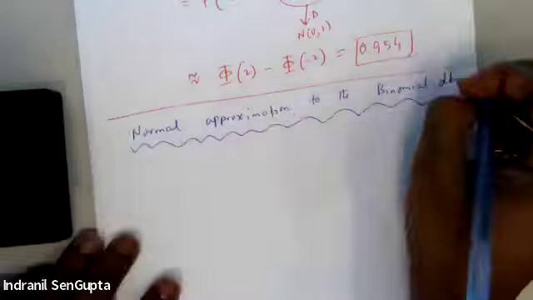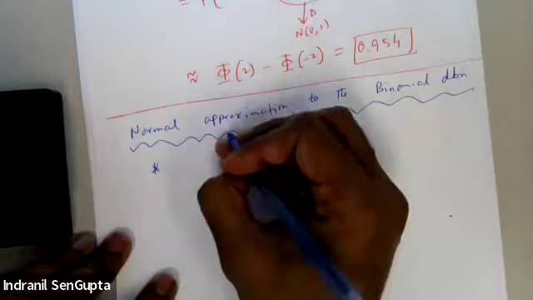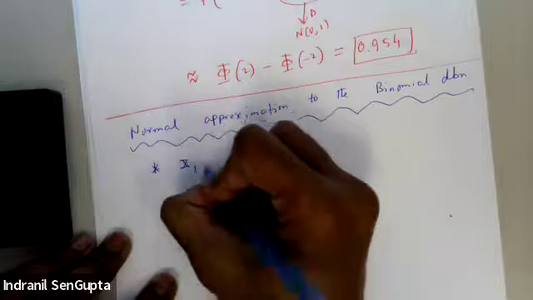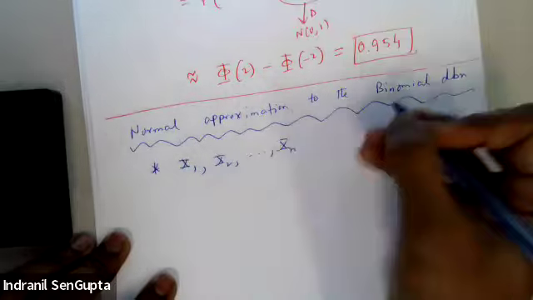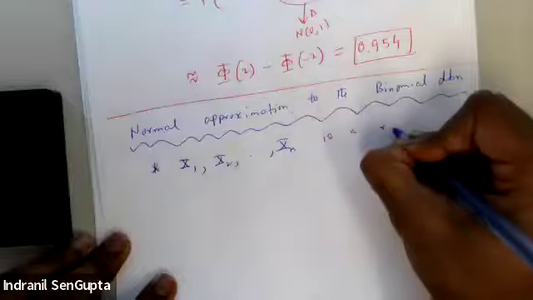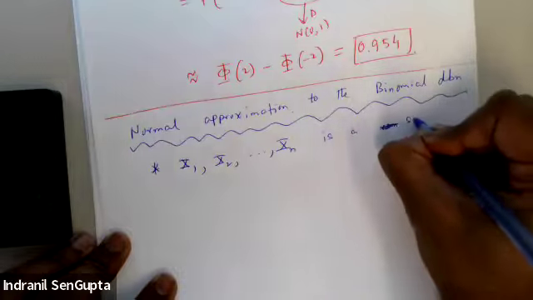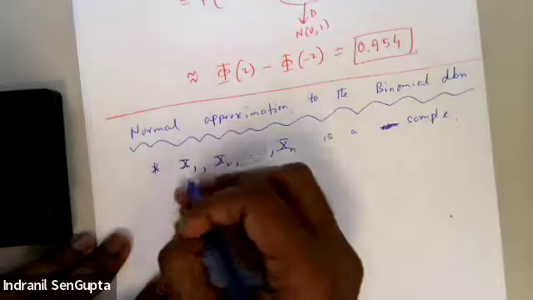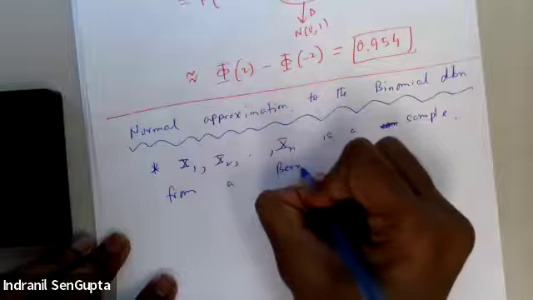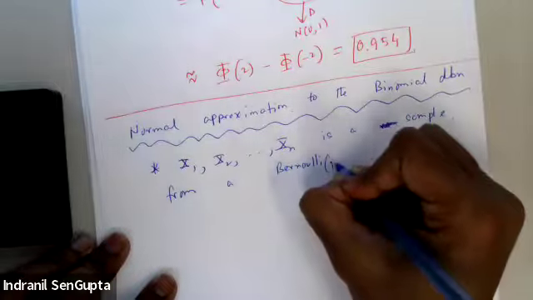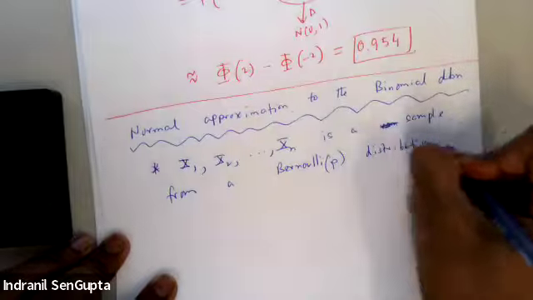Now suppose that we have X1, X2, ..., Xn, which is a sample from a Bernoulli(p) distribution.